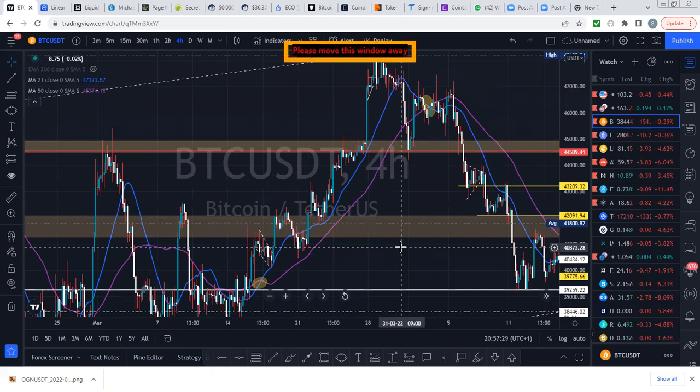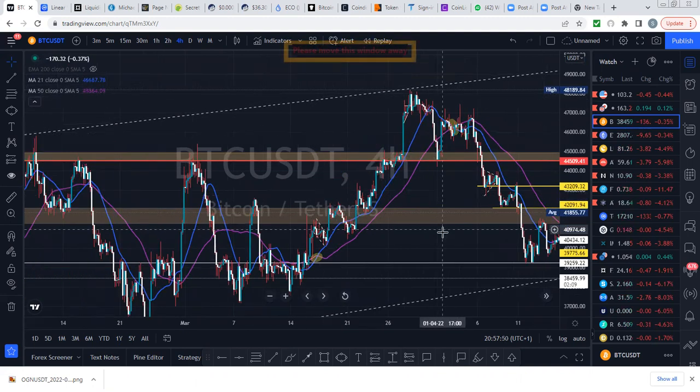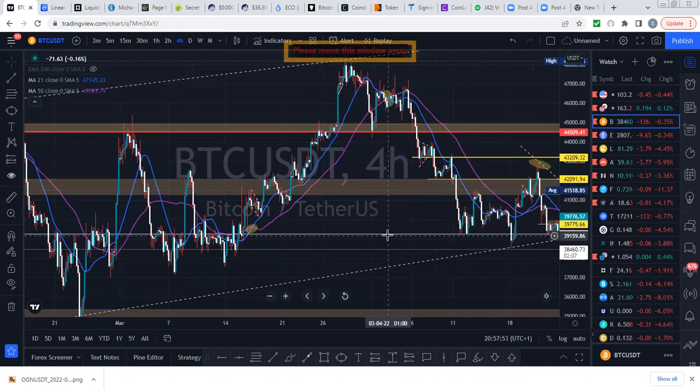We have two moving averages: one longer moving average and one shorter moving average, just like we have our 21 and 50. 50 is longer, 21 is shorter, right?